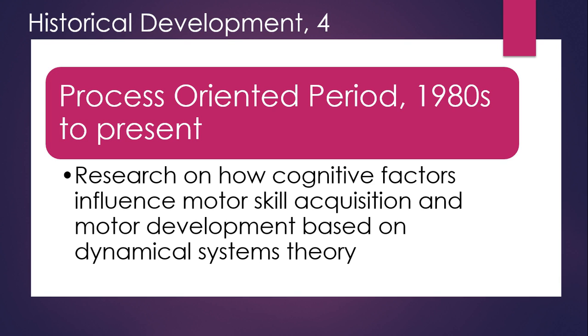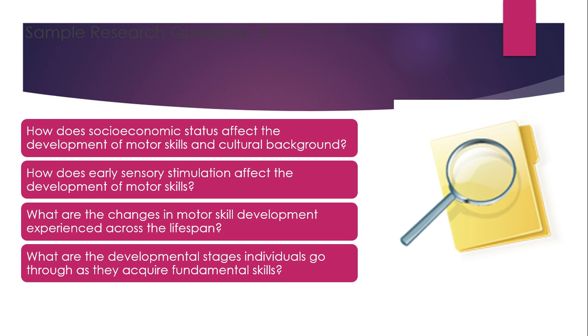David Gallahue and Kathleen Haywood contributed much to our understanding of lifespan motor development. Other researchers such as Esther Thelen, Scott Kelso, and Jane Clark developed theoretical frameworks to study motor development based on dynamical systems theory. The emphasis on understanding the processes involved in motor development plays an important role in research today.